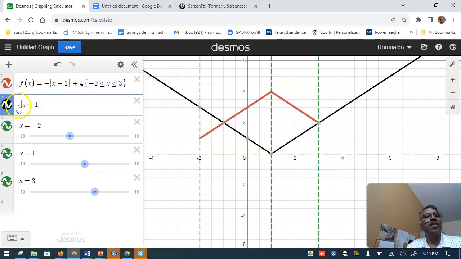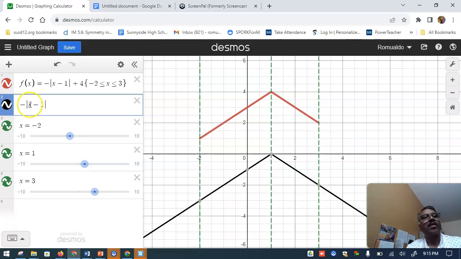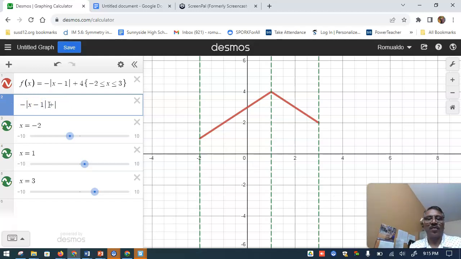Then I put the minus outside, it flips and reflects over the x-axis, and then there's +4 and it shifts up by 4.